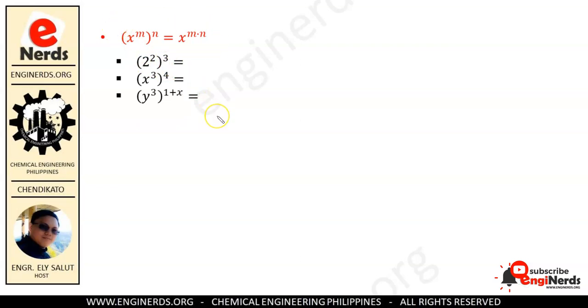Because you can only do that in this particular case. Okay? So, let's start by answering some problems. Our first problem here, we have 2 squared raised to the exponent 3. So, this will be equal to 2, and then we multiply its exponent by the outside exponent. 2 times 3, this is equal to 2 to the 6th, which is equal to 64.